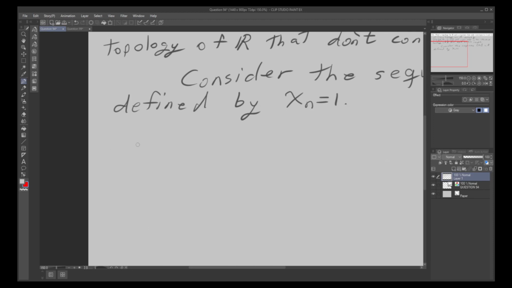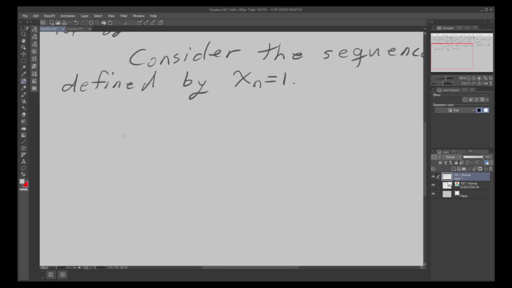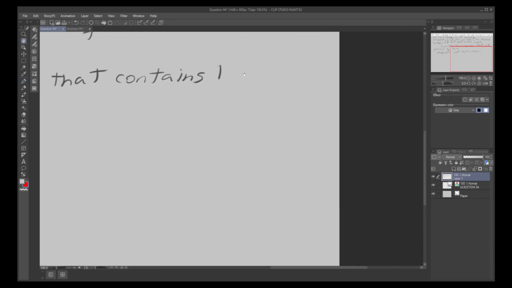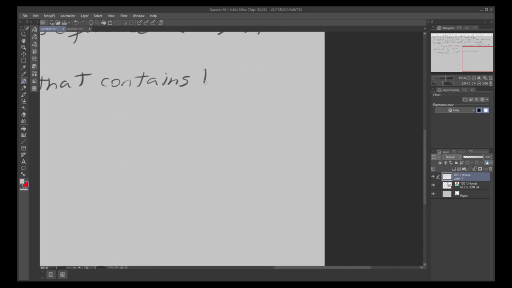This of course would imply that every open set that contains 1 would also contain all of x of n.